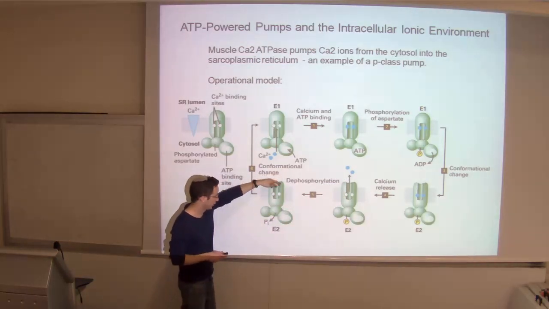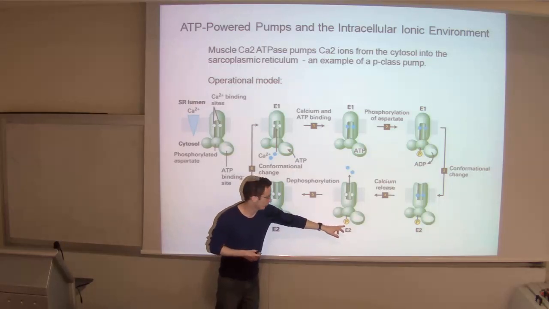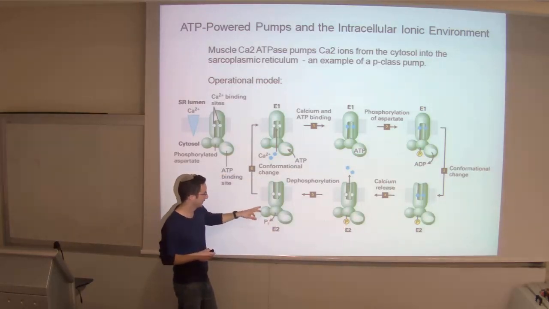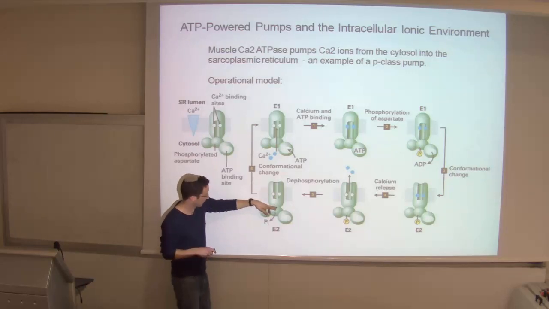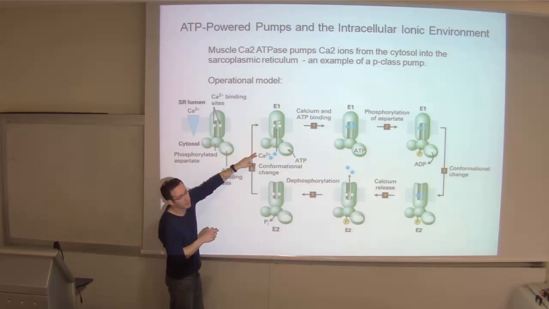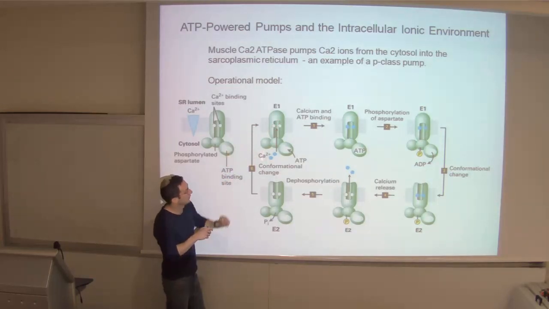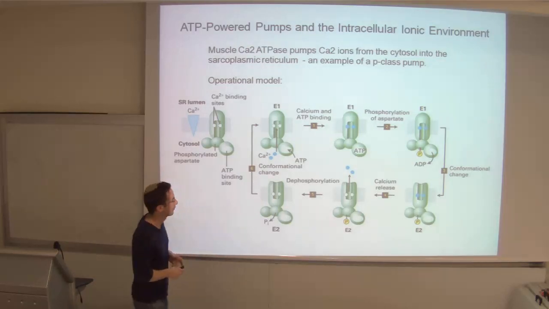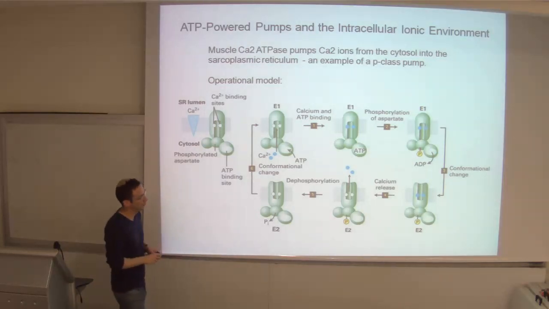Then dephosphorylation of the aspartate residue right here, the phosphate leaves its binding site, and drives the conformational change from E2 back to E1, where again the calcium binding sites face the cytosolic side. And the protein is ready to transport the next 2 calcium ions. This was a schematic description of the operational mechanism of the calcium ATPase. And it's quite similar for other ATP pumps.